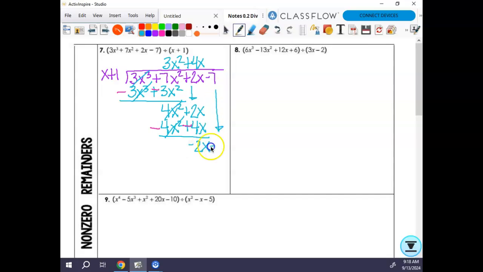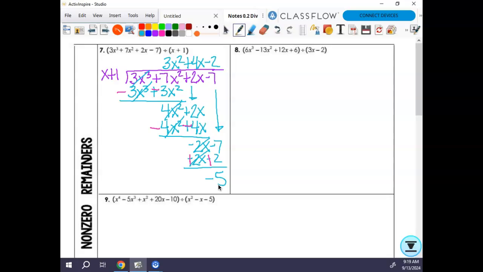Bring down my negative 7. Negative 2x divided by x, negative 2. So negative 2x minus 2. Then I change the signs on the second row. Those zero out, and I'm left with a negative 5. And I can't go any farther.